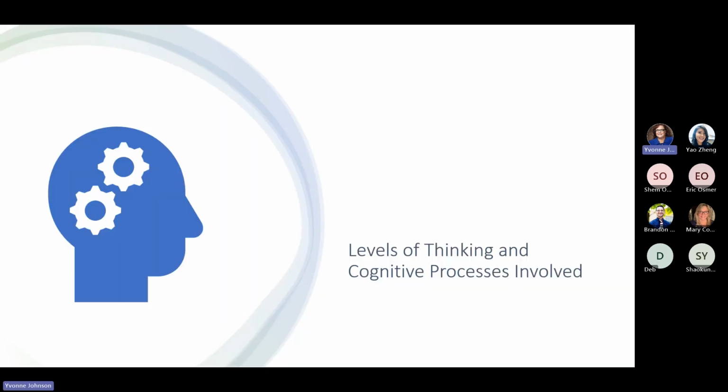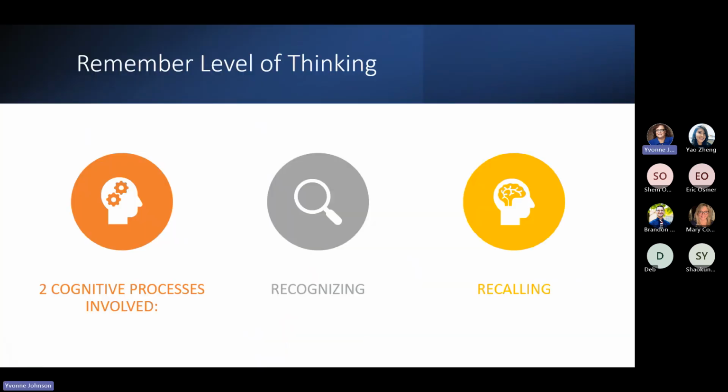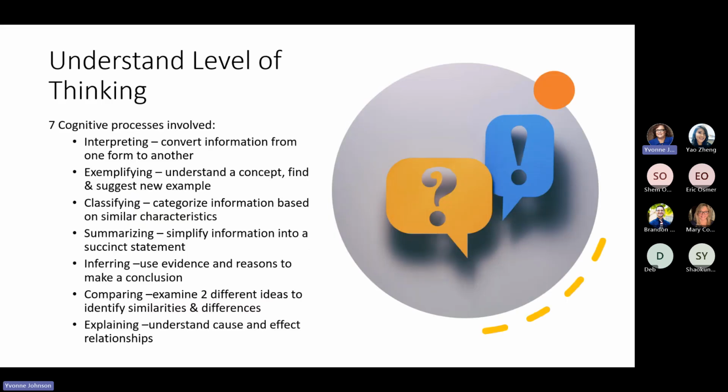Now let's look at the different levels of thinking and the cognitive processes involved. And we won't get in depth on all of these, but we do want to kind of review them, and then we'll look at some techniques. For the remember level, that's that foundational level, they're recognizing and recalling information. So that's foundational. Understand, they're moving up.